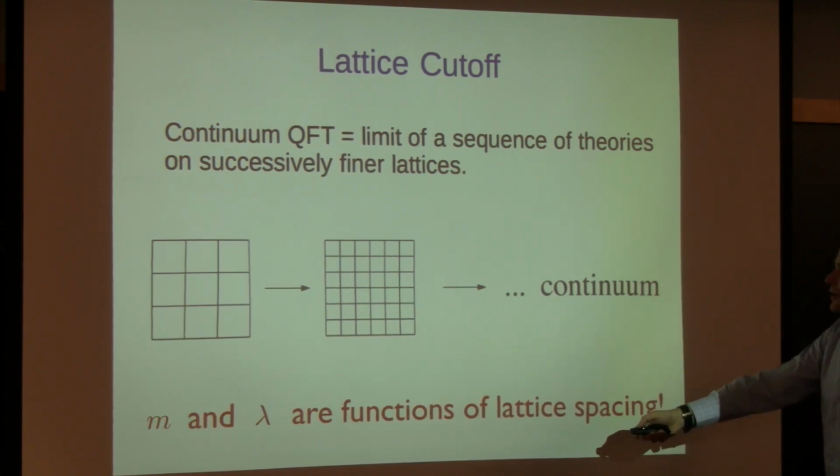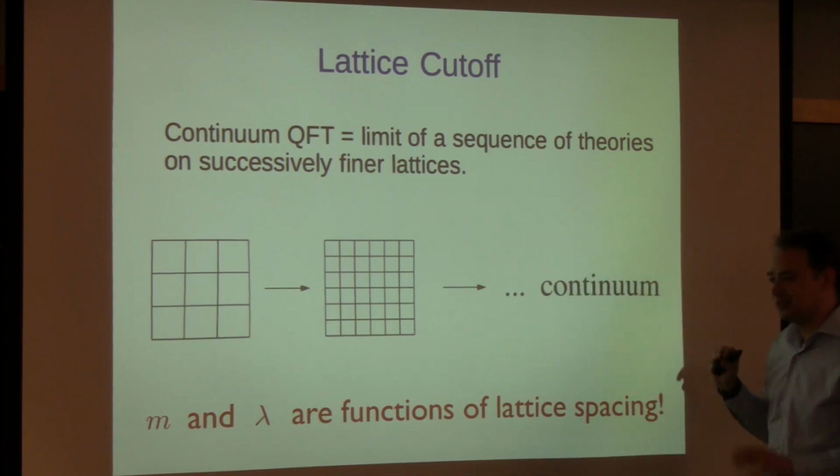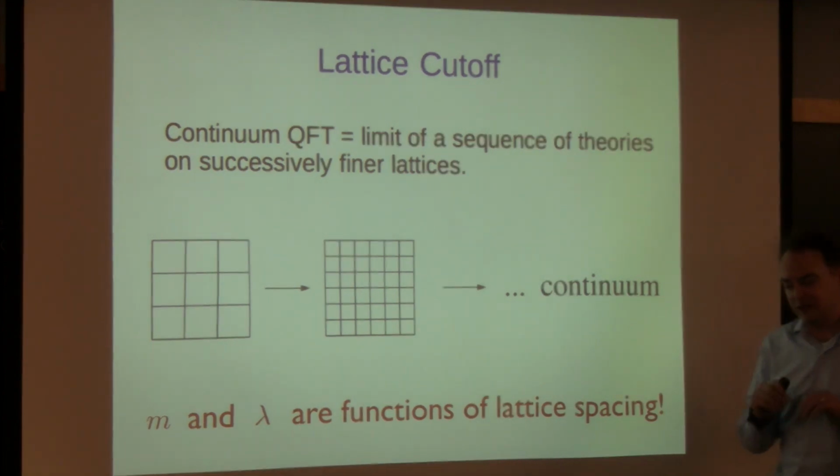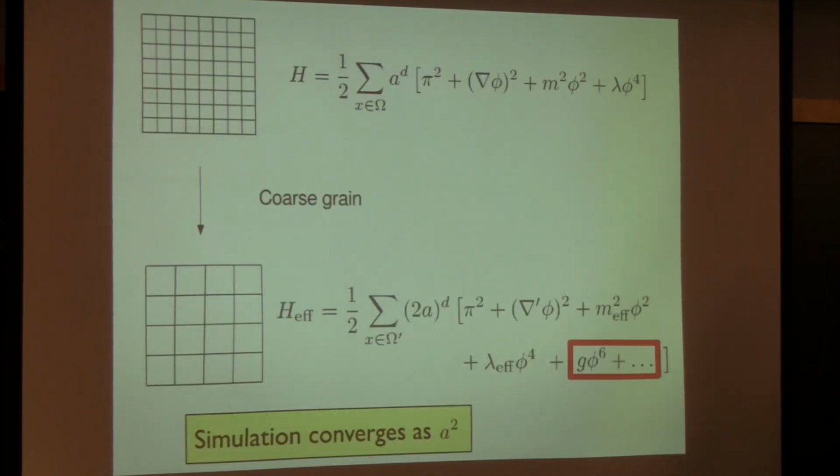But also you have to tune these parameters in your lattice Hamiltonians in a very careful way to make sure that you really converge to a limit, and that the limit you converge to is not just the free theory. It's actually something interesting where the particles are interacting with each other.